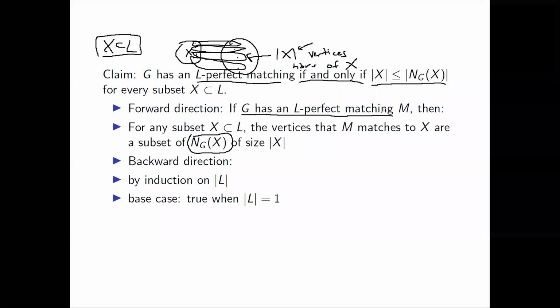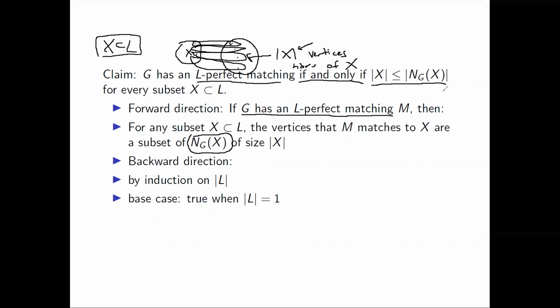And we want to prove the if and only if in this case. And we already have the forward direction, so we only need the backward direction. And so we can assume for every subset of the left side, the size of that subset is less than or equal to the size of its neighborhood.